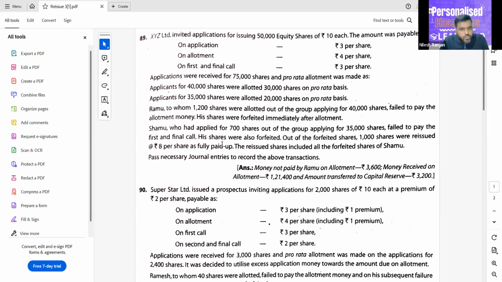Okay, so what is the problem area again? Sir, in the last journal entry, when we are writing share forfeited account debit to capital reserve, the calculation part of that amount. Okay. So should I calculate all the parts in this question number 89, or the first one?